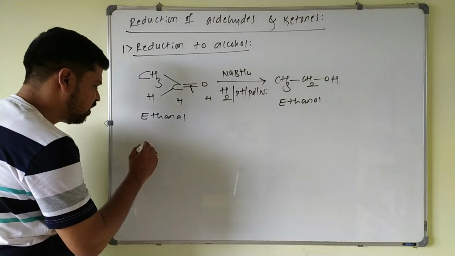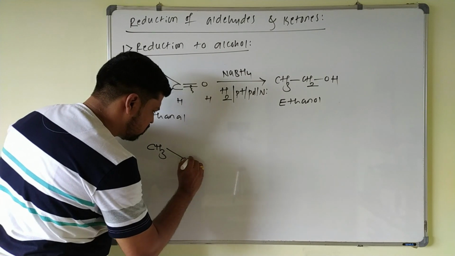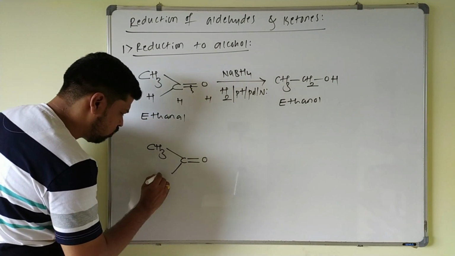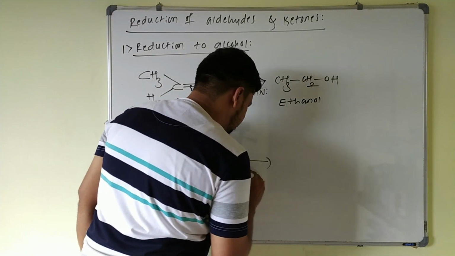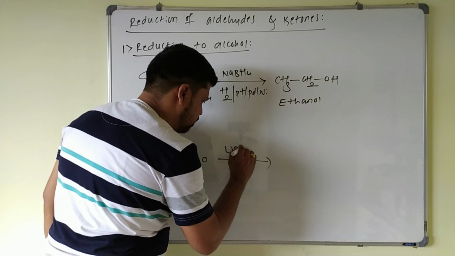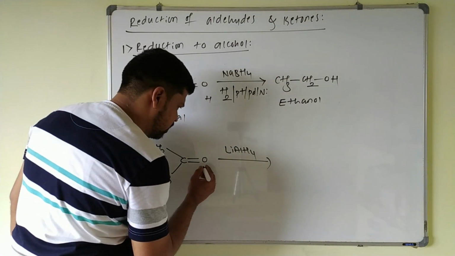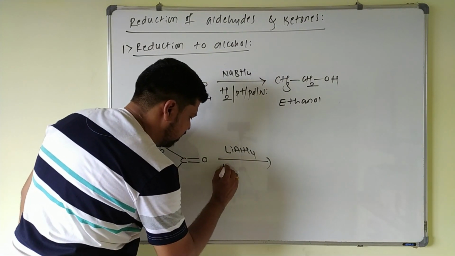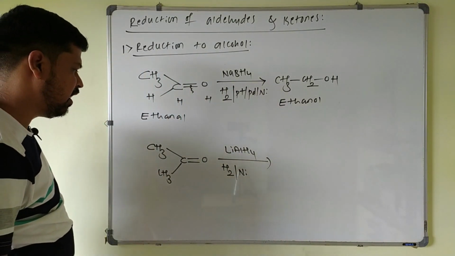Similarly, if I take propanone, CH3, C double bond O, this is your CH3. Here, if it is treated with lithium aluminum hydride, or else you can take hydrogenation in presence of palladium, platinum or nickel also.